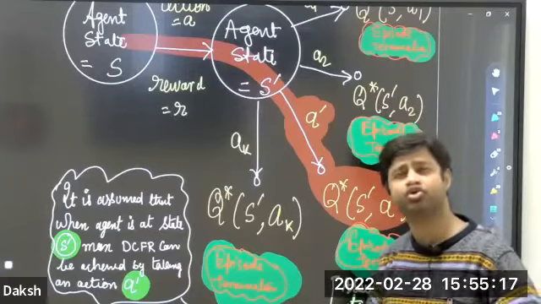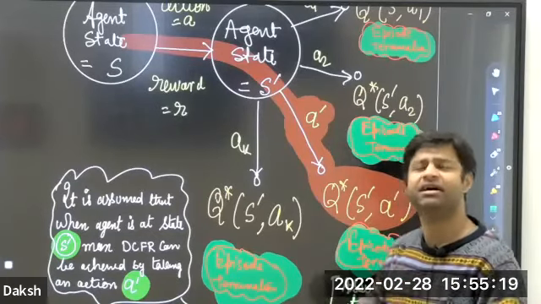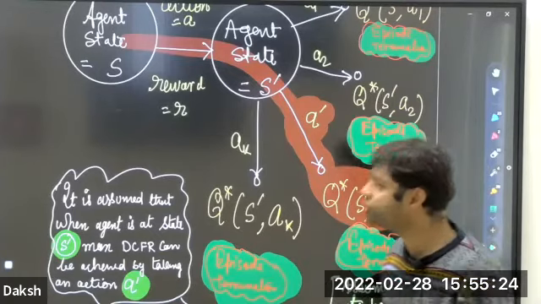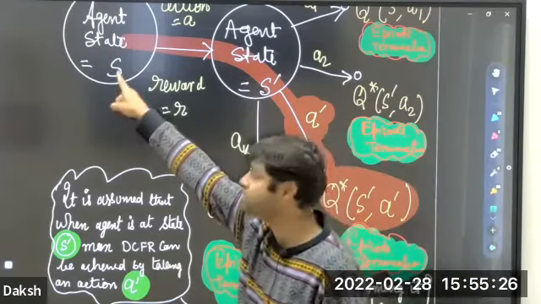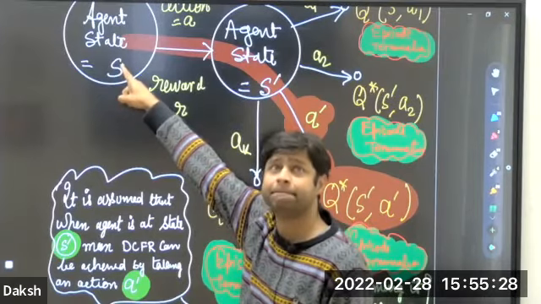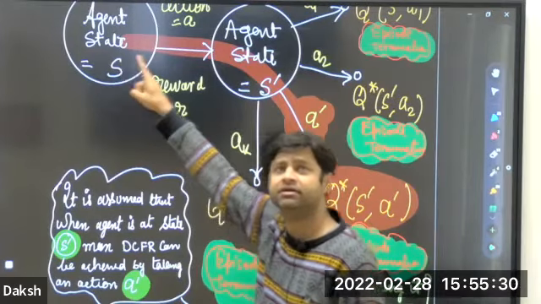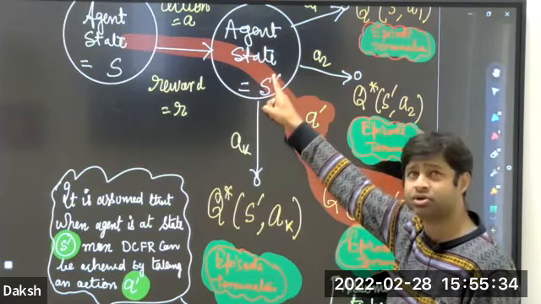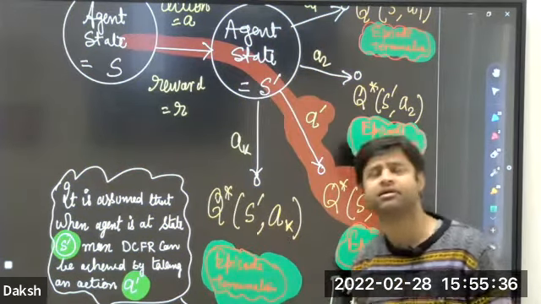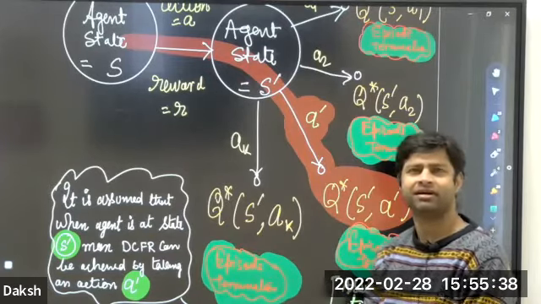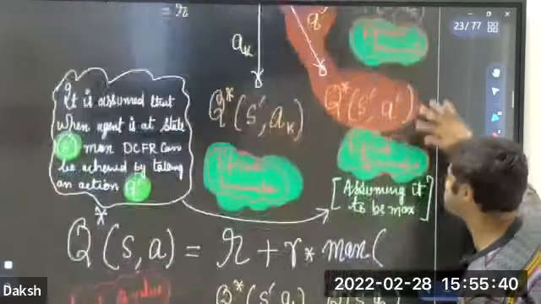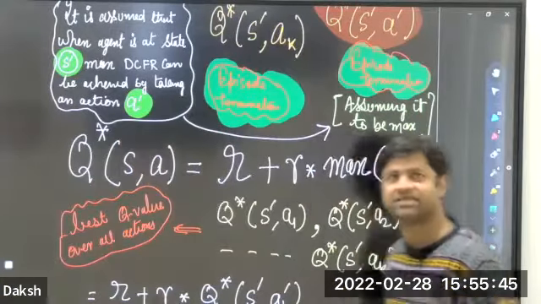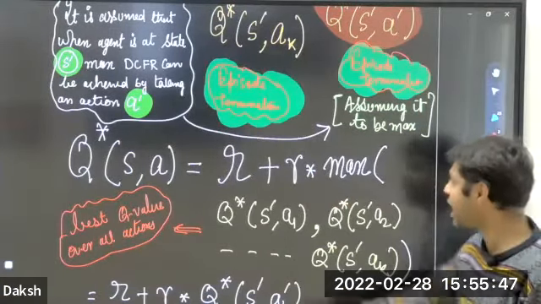What we wanted to show is that this is a recursive definition, because in order to know Q asterisk S comma A, you need Q asterisk S' comma, out of all the best one. कैसे? S comma A asterisk के केस में, which is the best that you can have, R. Why?